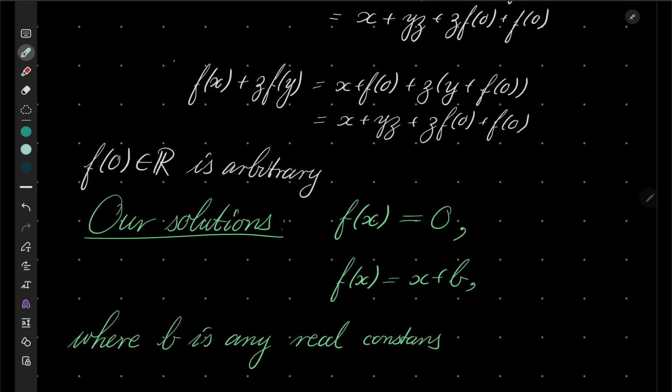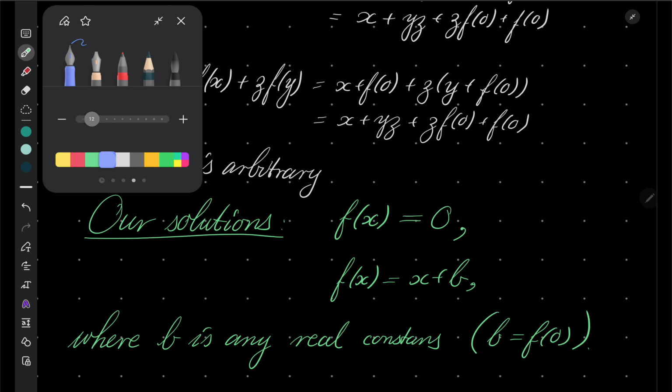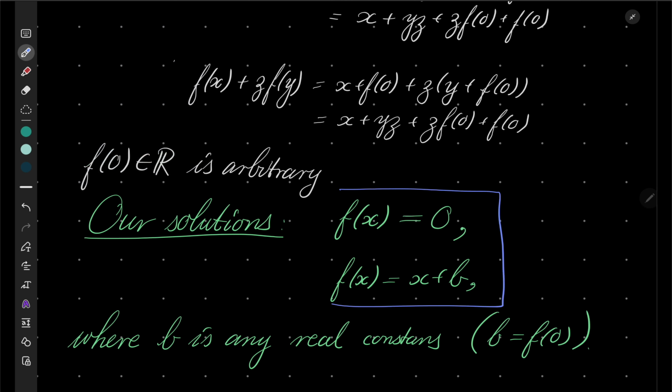You can think that b is f(0). Yes, b equals f(0). And I believe that's it. It's our solution. So we have infinitely many solutions, and it's nice. So thank you for watching, and see you next time, hopefully.